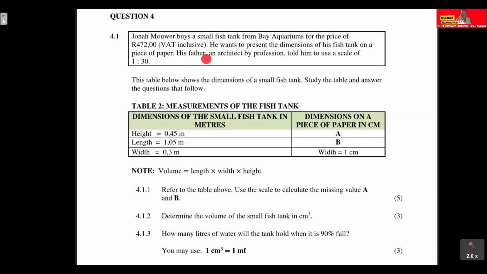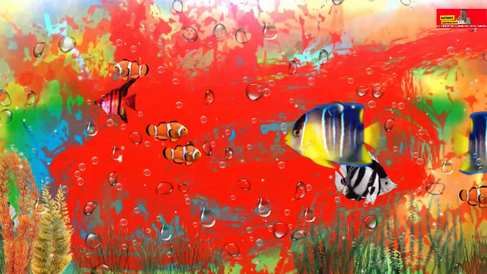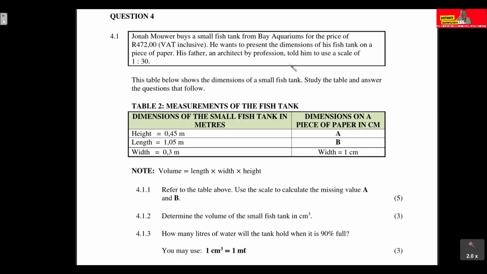His father, an architect by profession, told him to use a scale of 1 to 30. So we're told about Jonah, who buys a small fish tank, and he wants to draw this fish tank on a piece of paper, representing its dimensions using the scale of 1 is to 30.